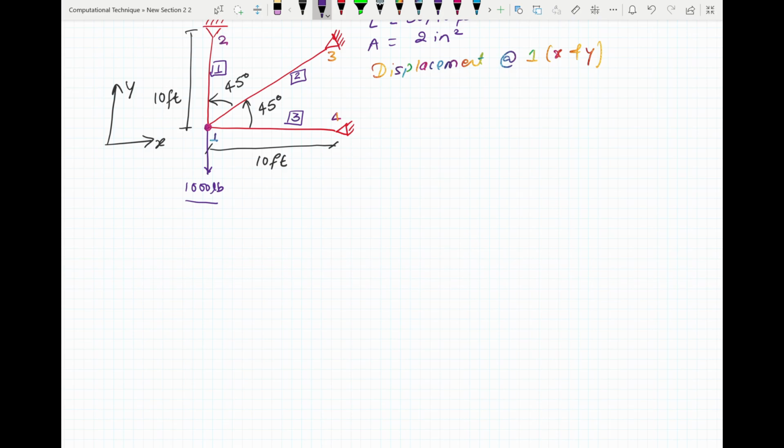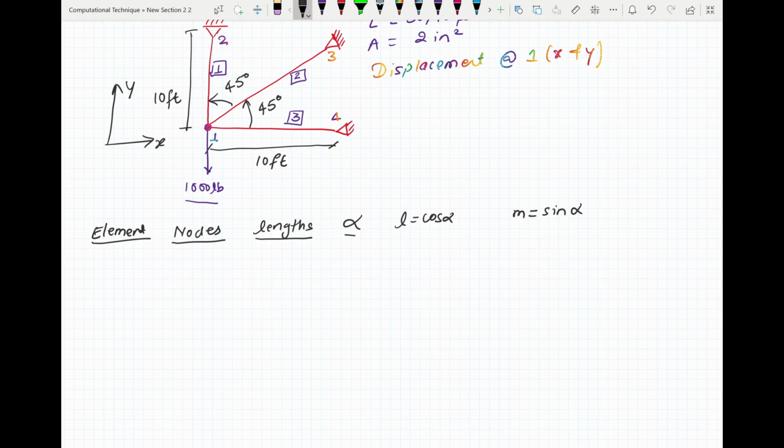Now we form a table where we write our element, its corresponding nodes, their lengths, and their angles alpha, and then L that equals cos alpha, and M that equals sine alpha.